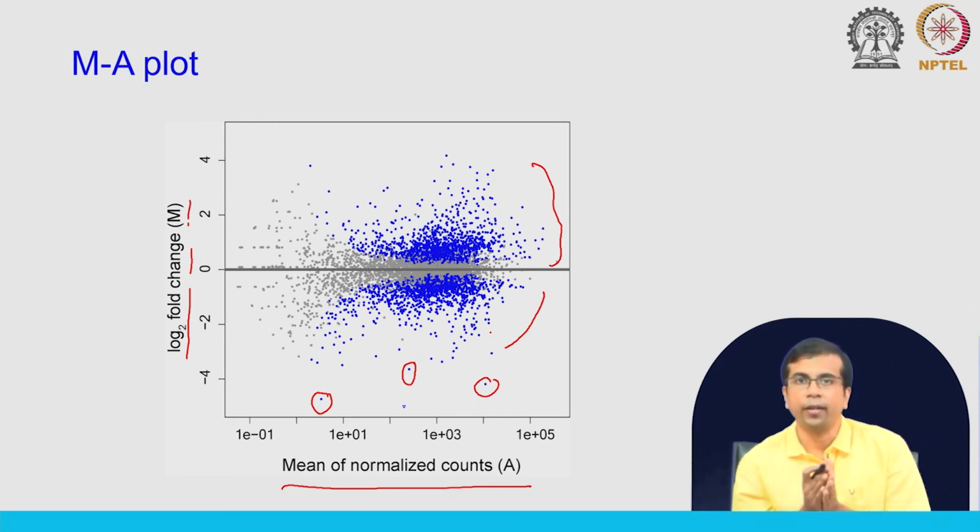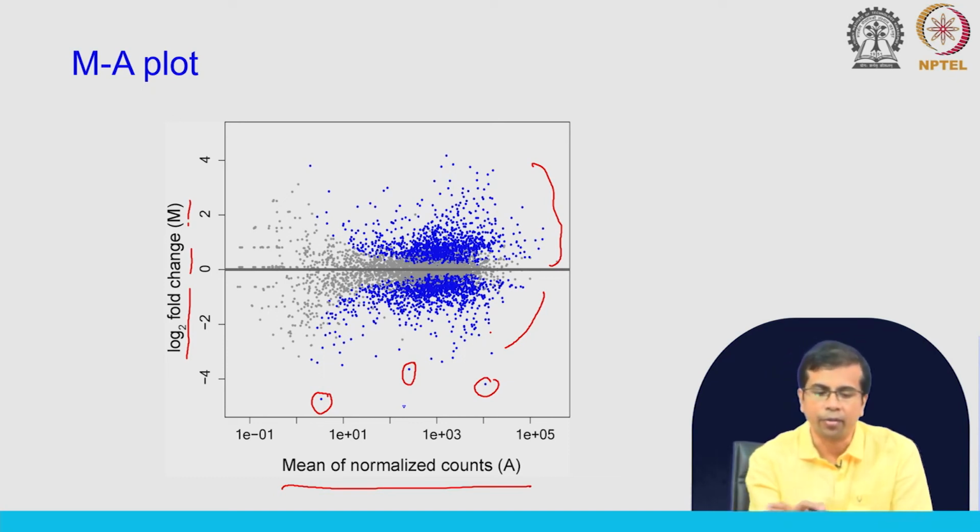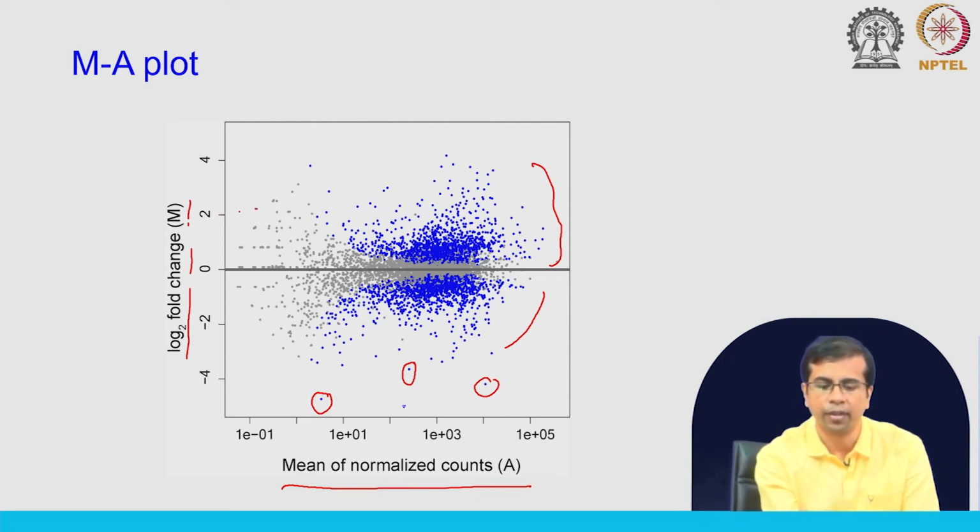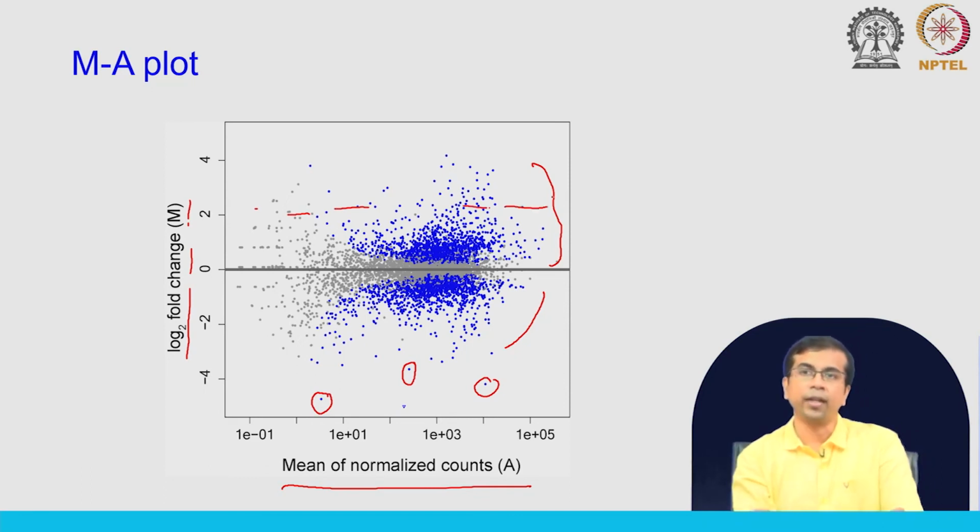So you can get an idea of the number of genes that show this. You can also see the distribution of log2 fold change. There are quite a few genes above the value of 2 in log2 fold change, right. That means they show 4-fold overexpression, 2 to the power 2, in the G4 sample compared to G1.